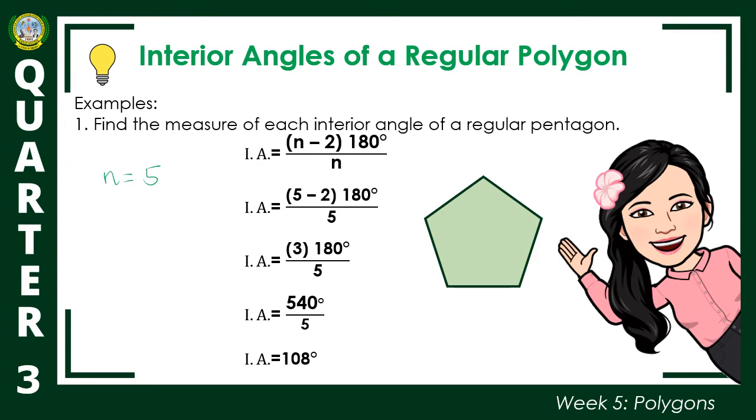So, bawat isa po sa mga angles na to, ang measure ay 108 degrees. Okay, so tandaan po ha, pag regular yung polygon, pare-parehas po yung measure ng mga angles. So, para ma-check nyo po kung tama, edi i-add nyo po yung 5. Okay, dapat ang makuha nyo is 540 degrees.